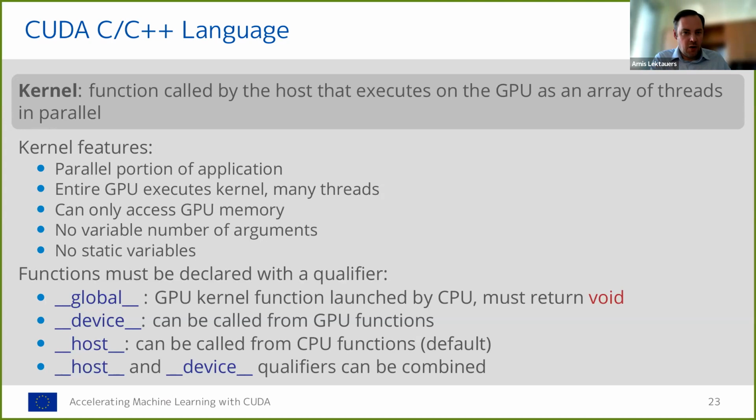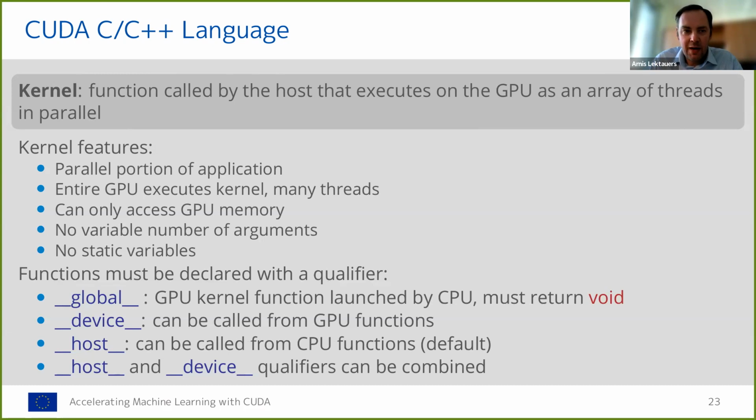So kernel and core are two equivalent parts from the hardware and software sides. A kernel is a software function called by the host, executing on the GPU by any core at any specific time moment as an array of threads in parallel. So the kernel is a parallel functional part in CUDA software, and it is a basic component to develop parallel CUDA software.